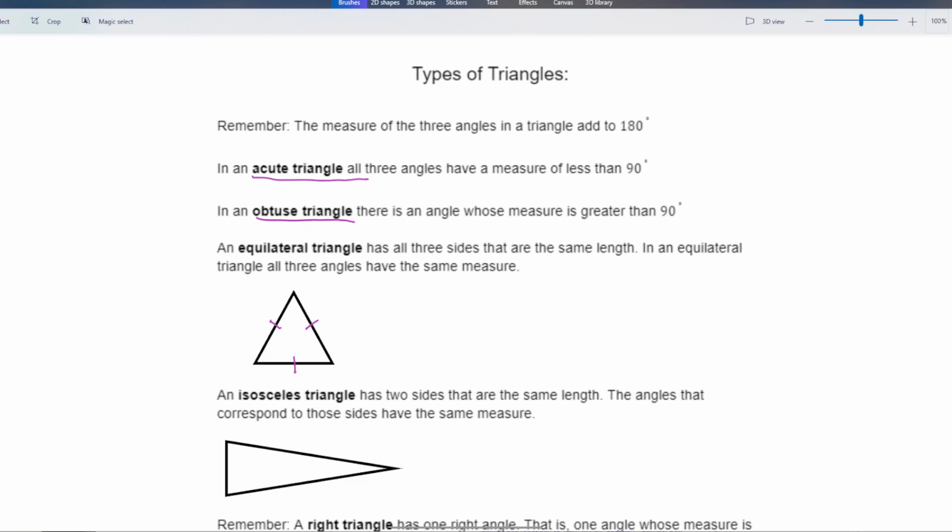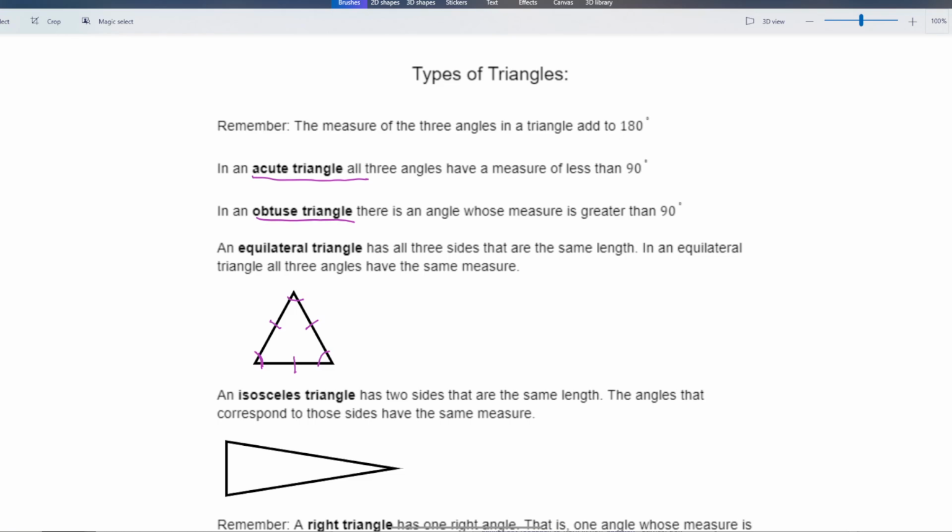Now, if all of these sides have the same length, that automatically means that all three of these angles also have the same measure. A lot of times in diagrams that will be indicated by marking them with the same markings.